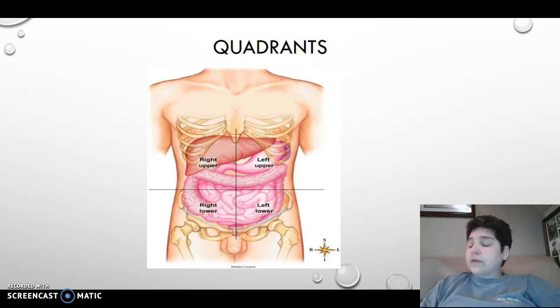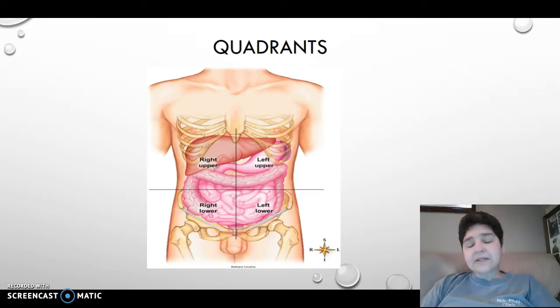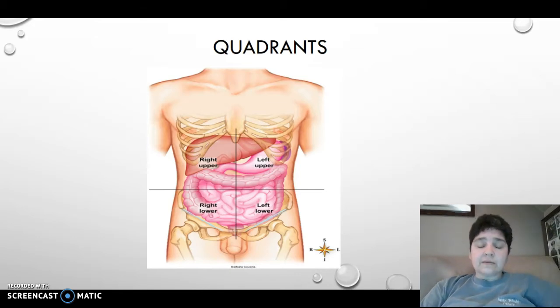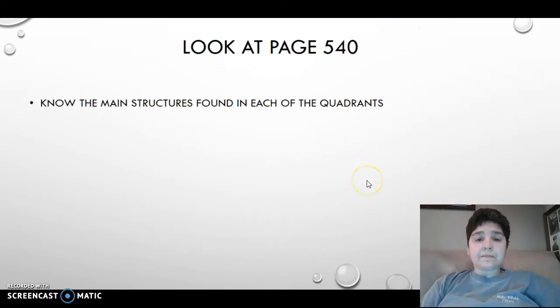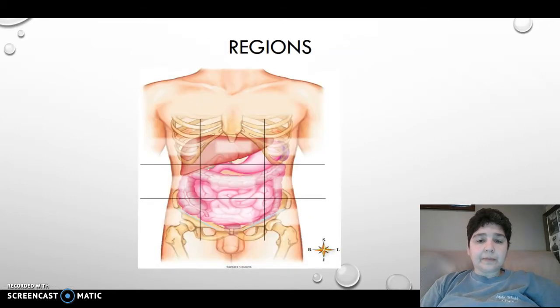So please look over those. I will tell you that I do expect you to be able to tell me what organs are considered in each quadrant. So make sure that you look over that list on page 540 and that you know which organs fall in each of these quadrants. And that's what I was just talking about.